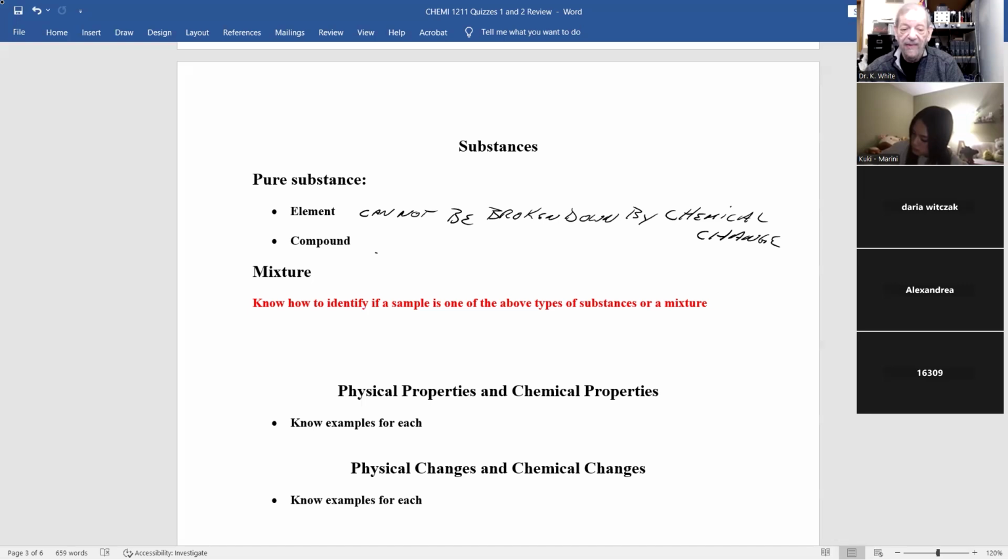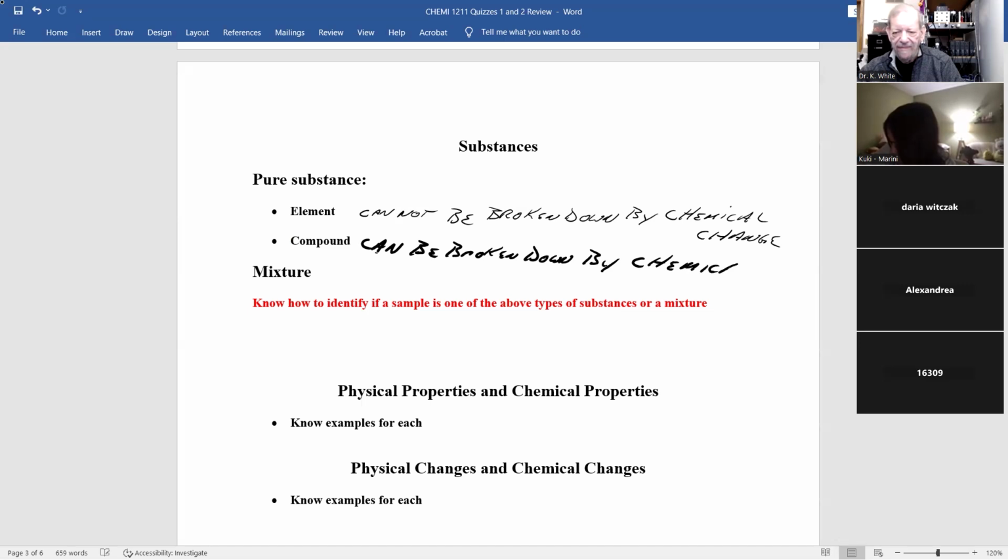Now, a compound can be broken down. So if I take water, I can break it down into smaller things by a chemical change.